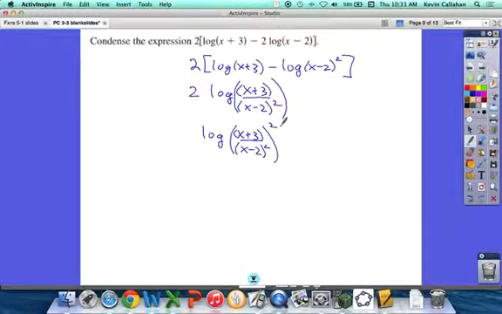Now we've got one logarithm. We condensed it. Now, I'm not sure, the book may leave it like that, or they might go like this: log of x plus 3 squared over x minus 2 to the 4th. You could square the numerator and square the denominator.